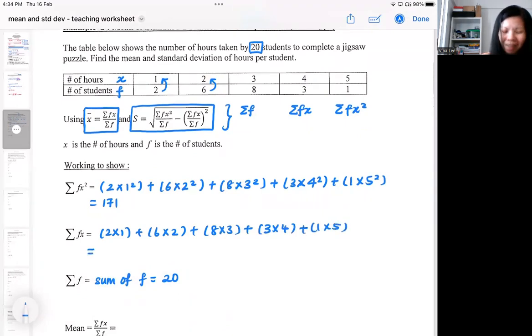So essentially, you're getting the total hours taken by the 20 students. So you get 55.